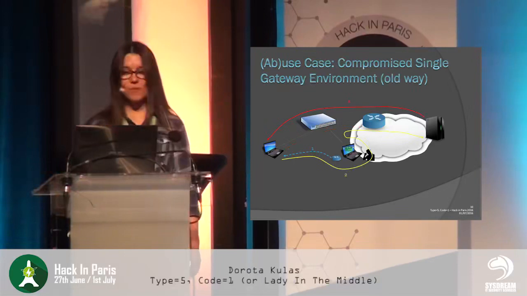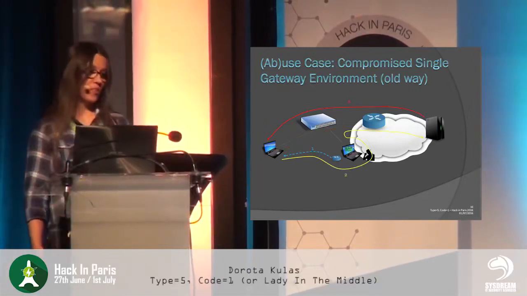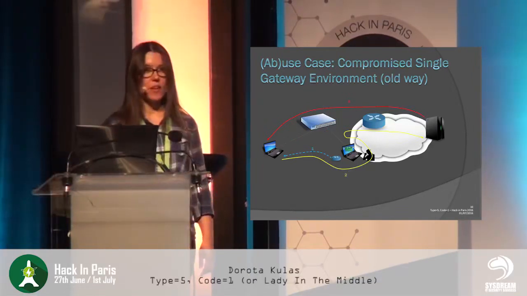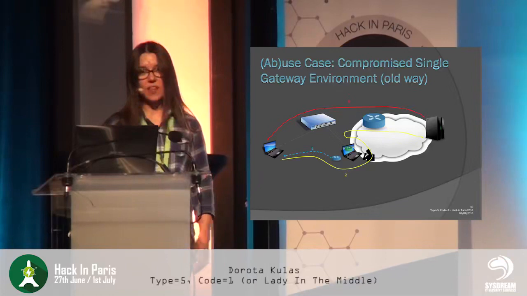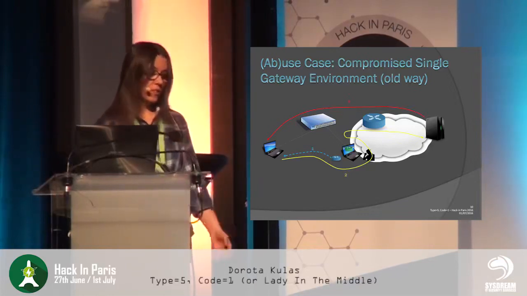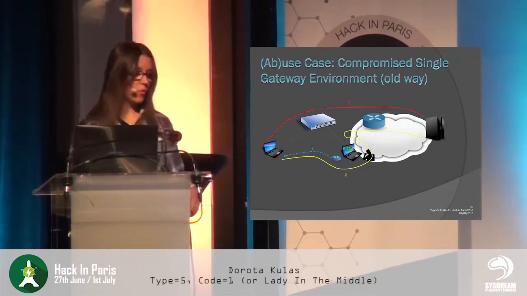And some really creative people thought that we could abuse that functionality. How about we send an ICMP redirect message to the user, claiming that we are this blue router?